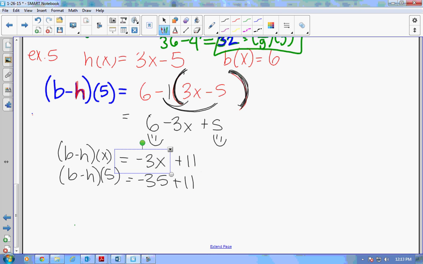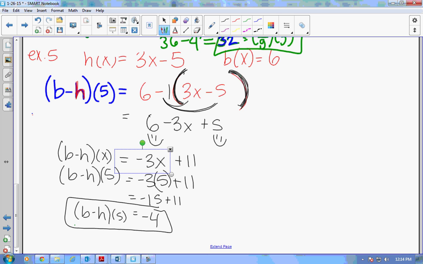What's between the negative 3 and the x? Multiplication. So when you plug in, you should put parentheses. So we get negative 15 plus 11, which is negative 4. If you were getting negative 4, you have the right answer. If you didn't get a negative 4, did you find where your mistake was?